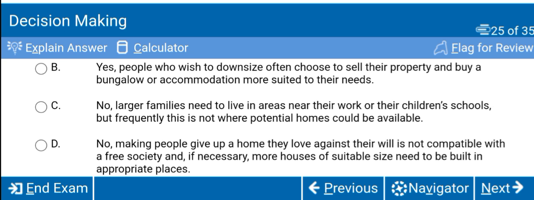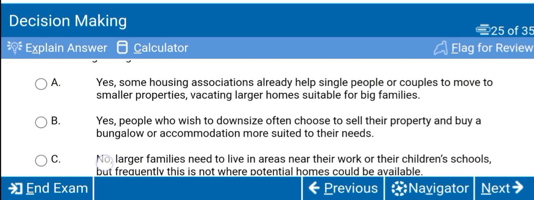Option D: no, making people give up a home they love against their will is not compatible with a free society, and if necessary, more houses of suitable size need to be built in appropriate places.